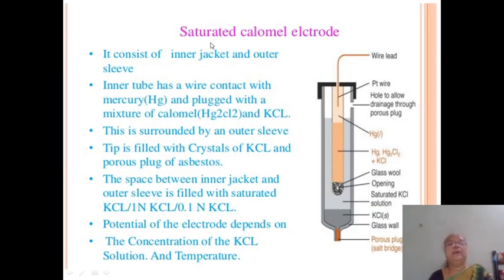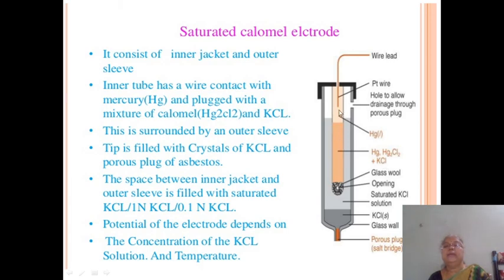Then the second electrode is the saturated calomel electrode. Calomel means mercurous chloride, Hg2Cl2, and here we have mercury in contact with mercurous chloride plus KCl.